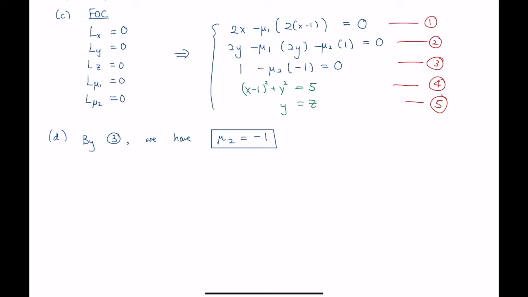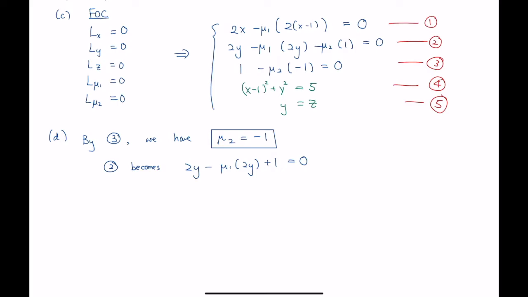So 4 left. After we resolve for mu2, at least I can simplify the second equation. Because the second equation becomes 2y minus mu1 times 2y, and then plus 1 equals 0. But you realize that we have learned one technique from calculus 3.